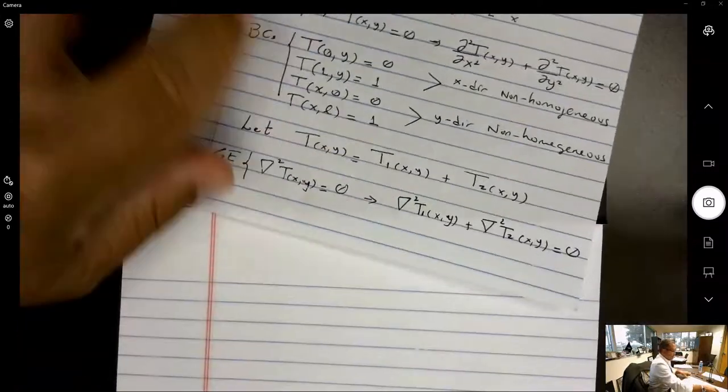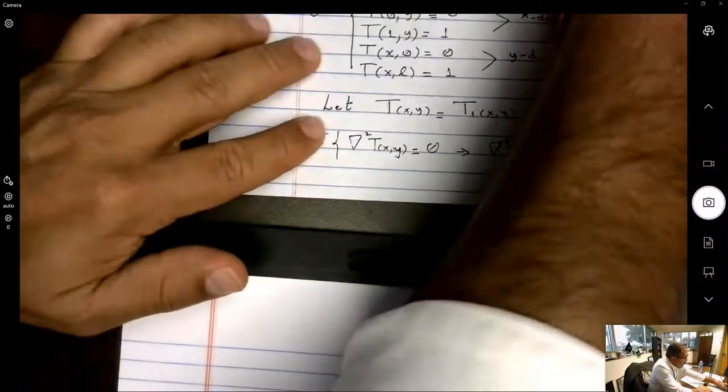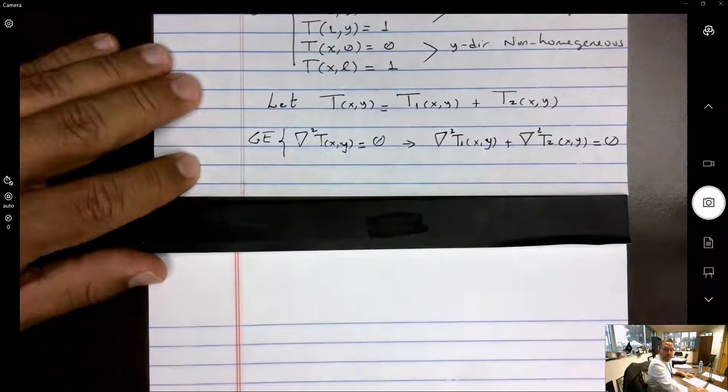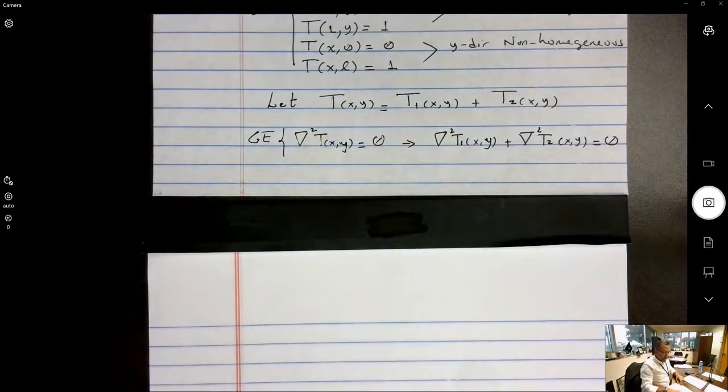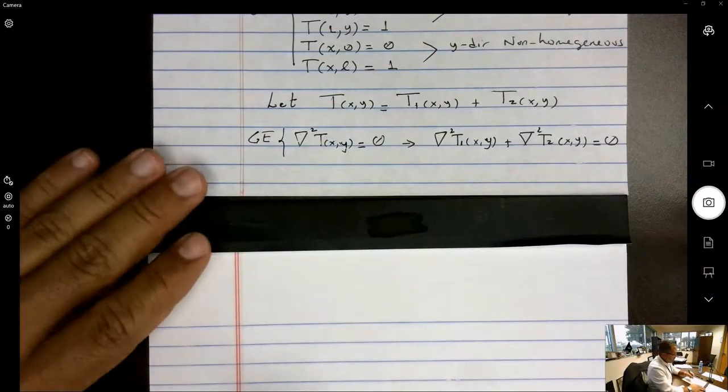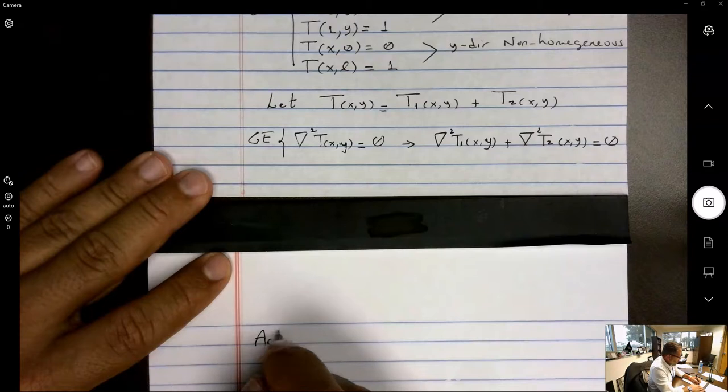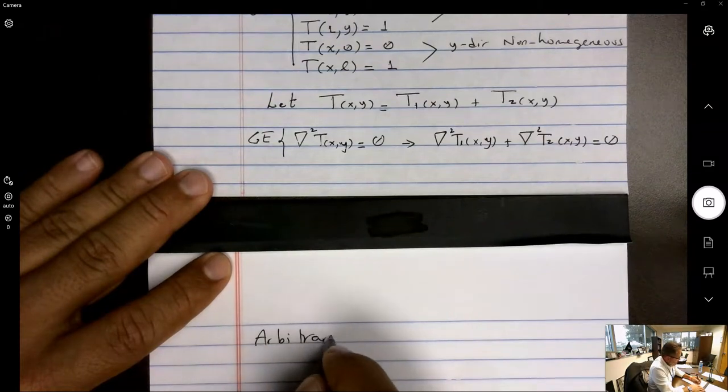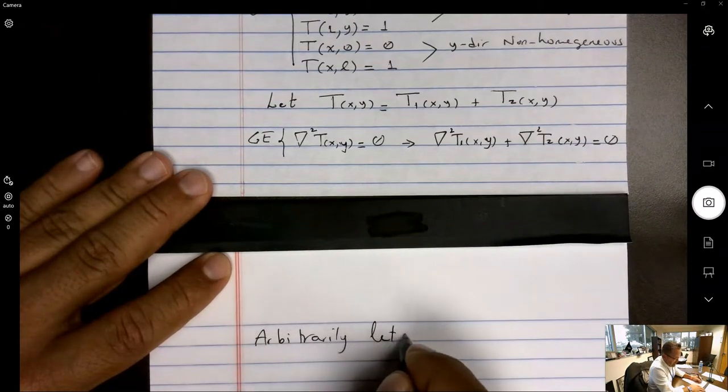So the next is the assumption. We are going to arbitrarily let the following.